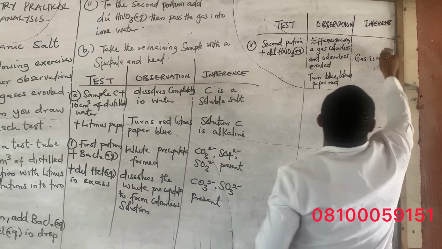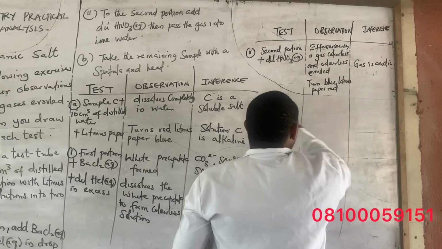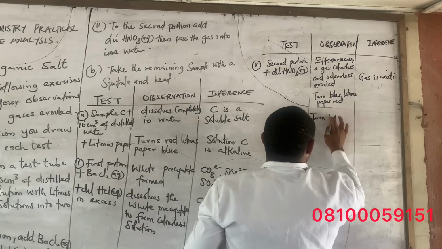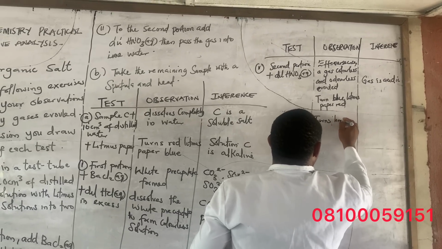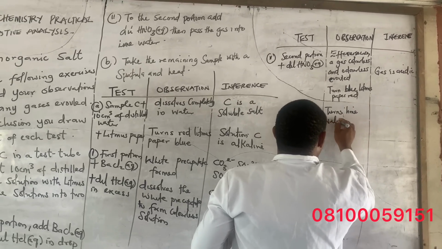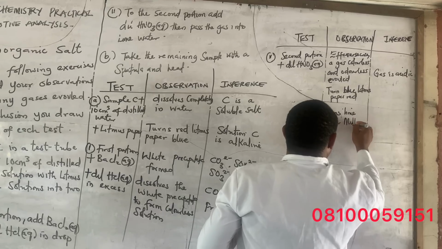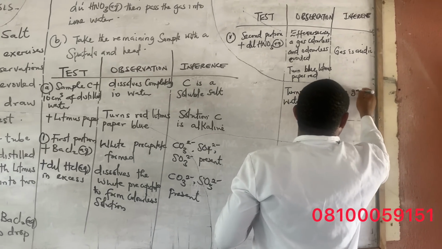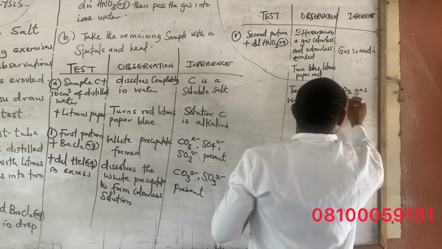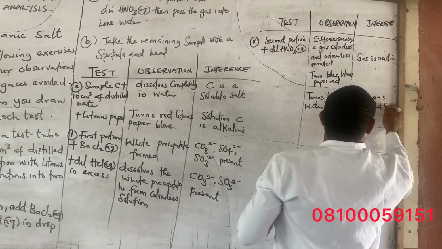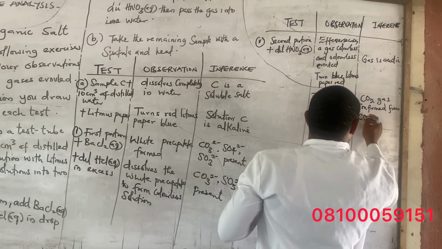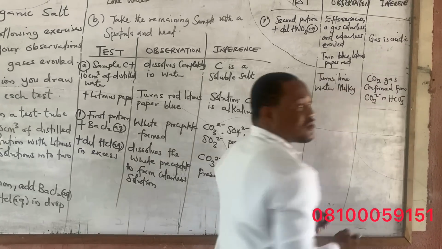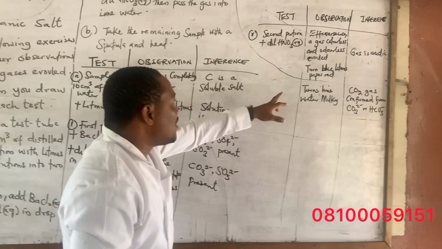Then the confirmatory test that we did, that it turns lime water milky. Then we can now say CO2 gas confirmed from CO3 2- or HCO3 -. Can you see that? So very, very important.